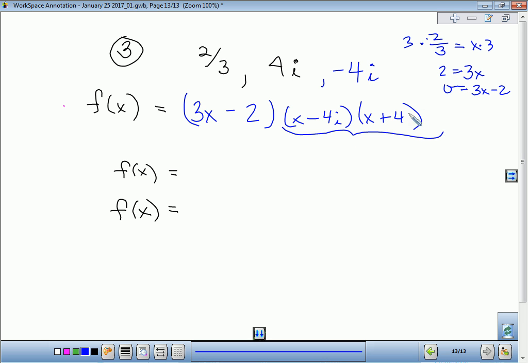So, oh, hold on. I forgot my i. Y'all noticed that. Good job. Okay, so what's going to happen to the outer and inner? Every time, they're going to cancel, anytime I multiply opposites like this. So this becomes x squared, minus 16i squared.